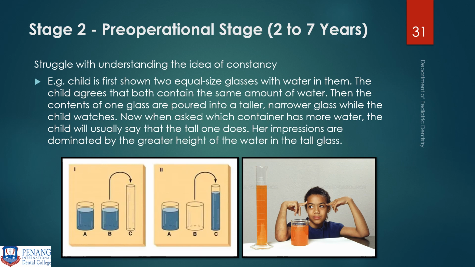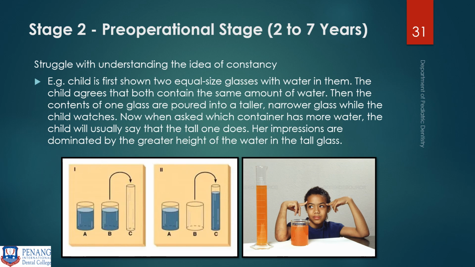Then the content of one glass is poured into a taller, narrower glass while the child watches. Now when you ask which container has more water, the child will usually say the tall glass has more water, because now they see the level of water is higher. This is called the liquid conservation test. So this is the idea of constancy.